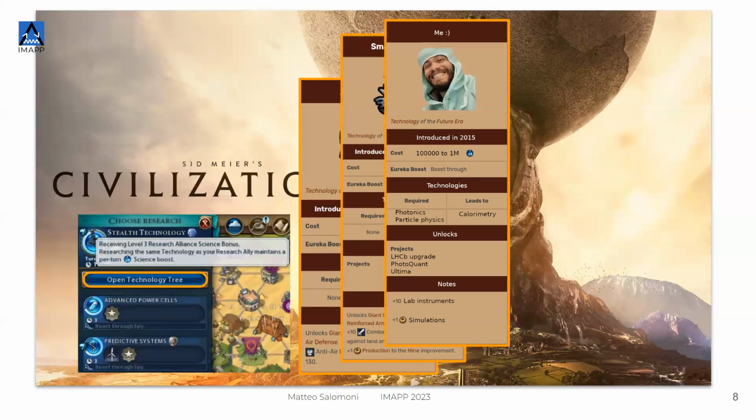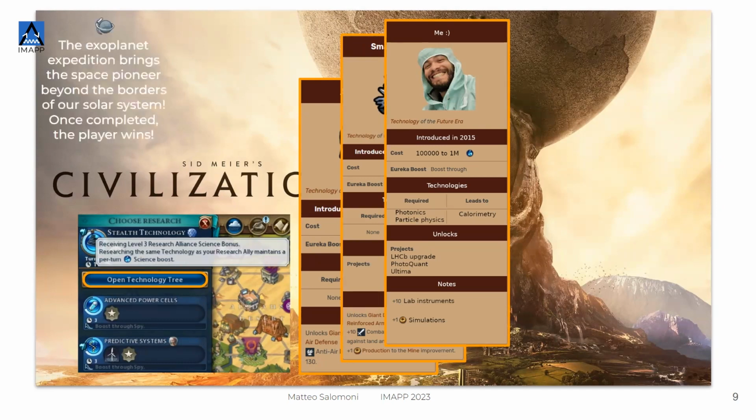But to go back to the game, one of the ways that you can win the game is by exploring exoplanets. And this is astonishing, because it's not something which is covered in the other definition. It's not fighting other civilizations as well. It's just the pure exploration that gives you the win of the game.